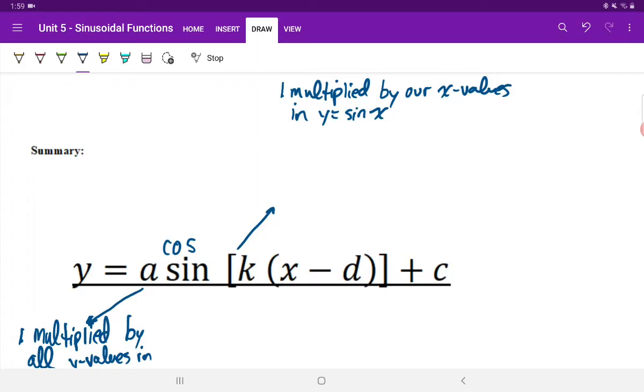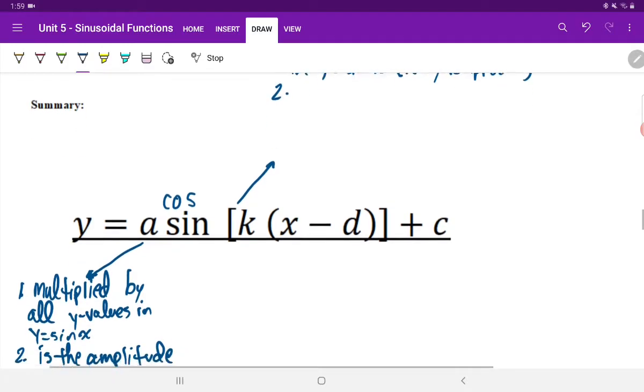So multiplied by our x values in y equals sine x, in brackets I'm going to put multiply by reciprocal. So what that means is that if you have k of 3, you multiply by a third. Or if you have k of 1/4, you multiply your x values by 4. You're doing what's actually happening to your points.